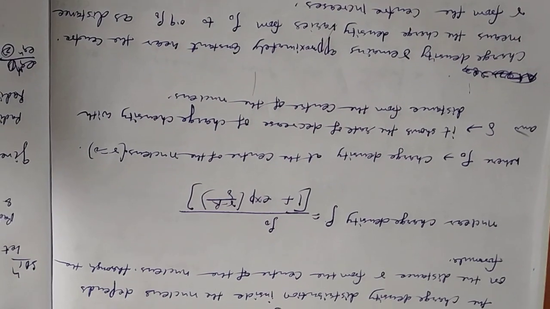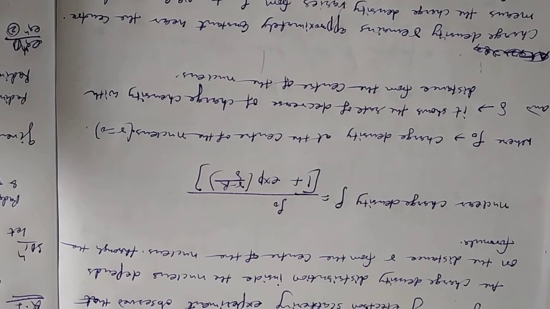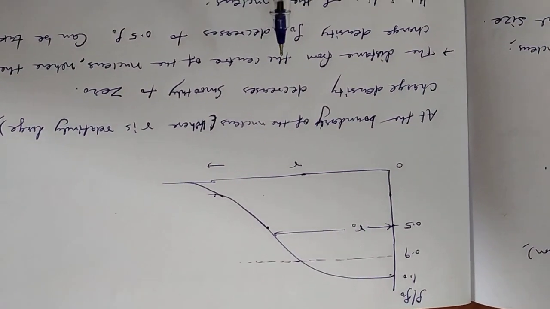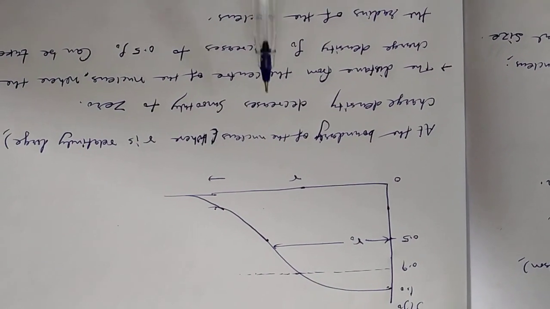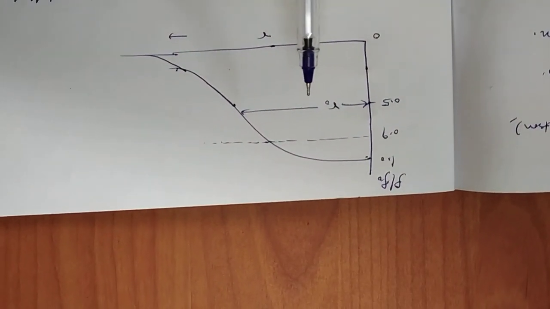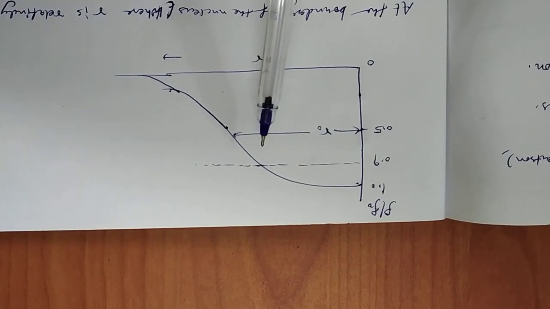Near the center the charge density varies slightly, but when we go towards the boundary of the nucleus, the charge density decreases sharply, as we can see from this formula and this figure.